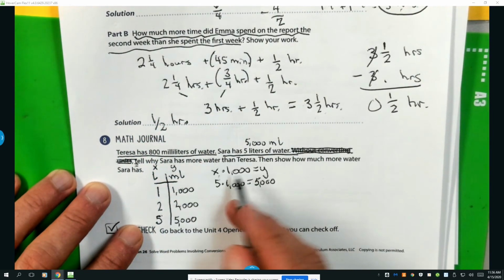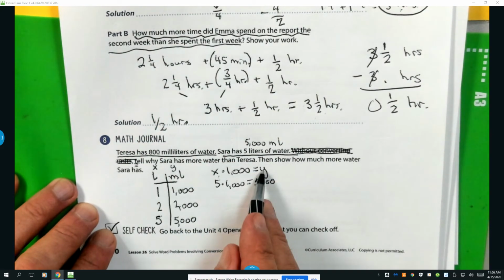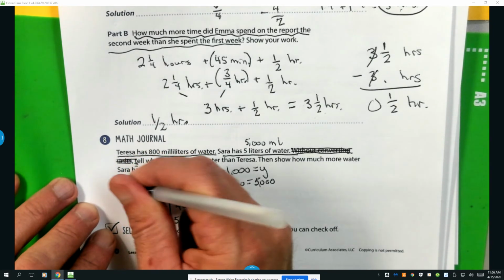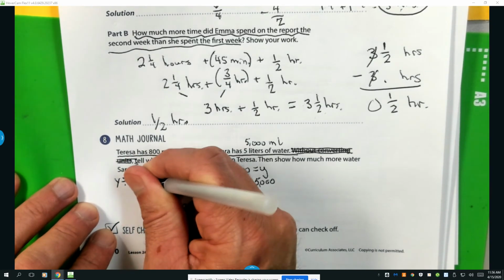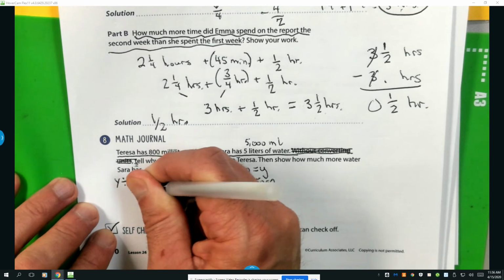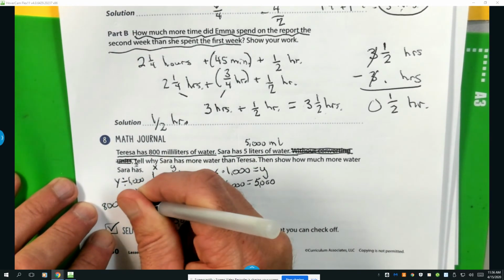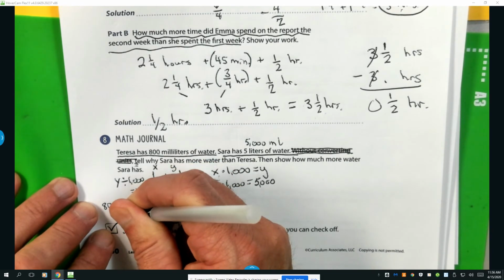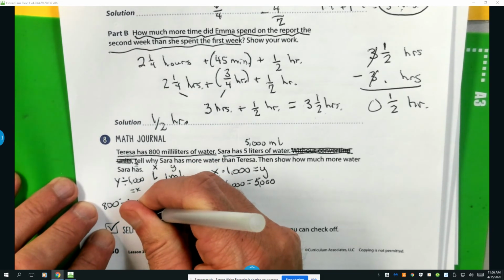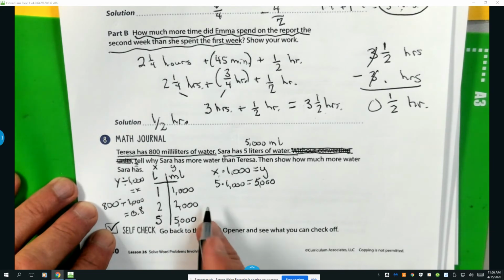If I wanted to go the other way, I could have said y divided by 1,000 equals x. So I could have said 800 divided by 1,000 will equal 0 and 8/10 liters. But I'm not going to do that.